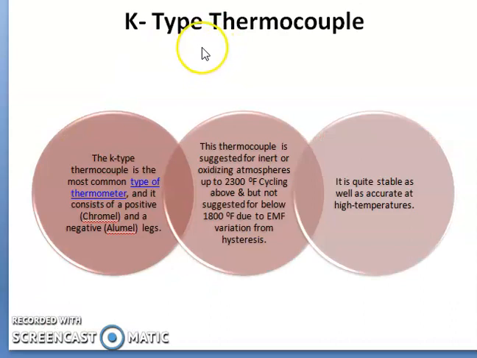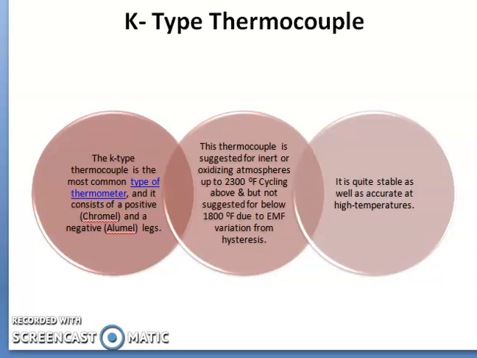And coming to the second type, it is the K-type temperature transducer. The K-type thermocouple is the most common type of thermometer, and it consists of positive and negative legs that are made up of chromel and alumel.